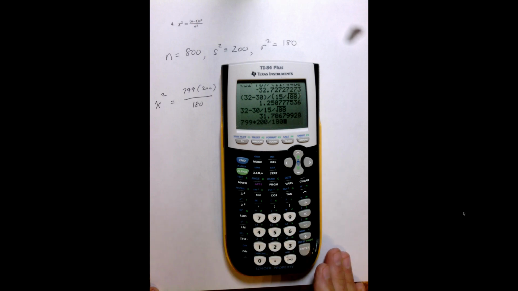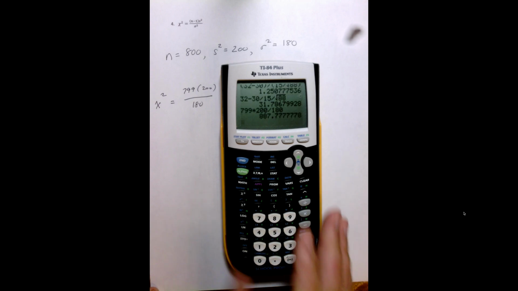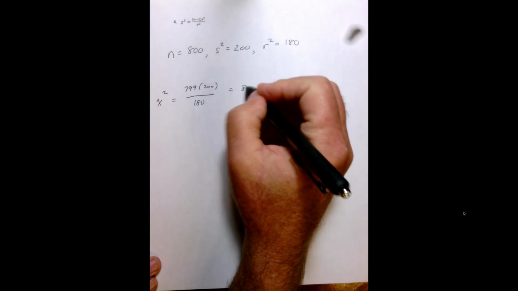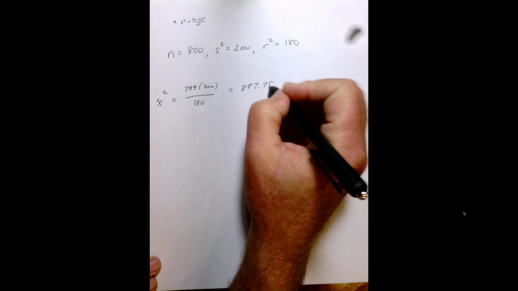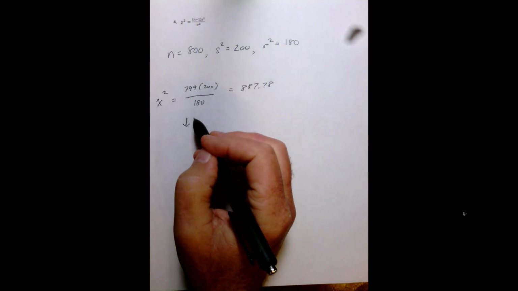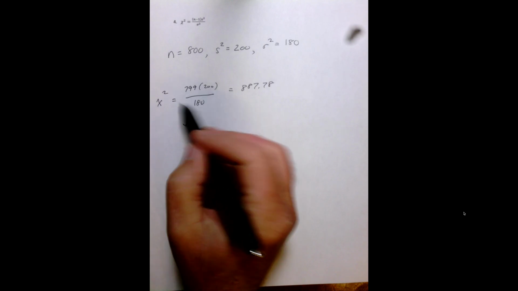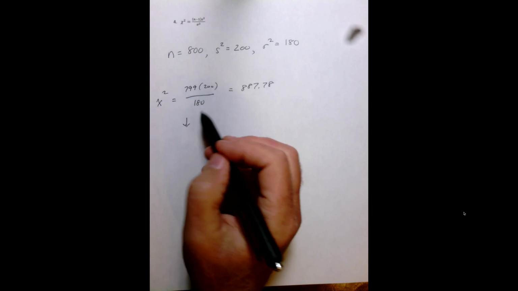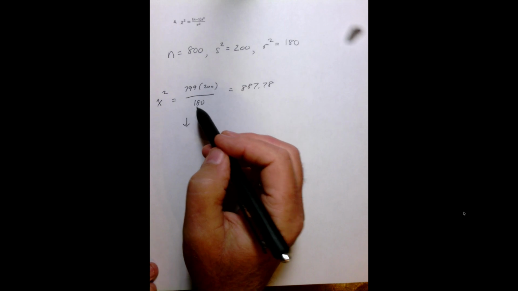I don't necessarily have to have parentheses, and I'll show you why in just a second. So here we get 887.78. Now, why don't I need parentheses here? Well, first of all, I don't have pluses and minuses, right? So I'm not adding and subtracting, so I don't need to differentiate that.